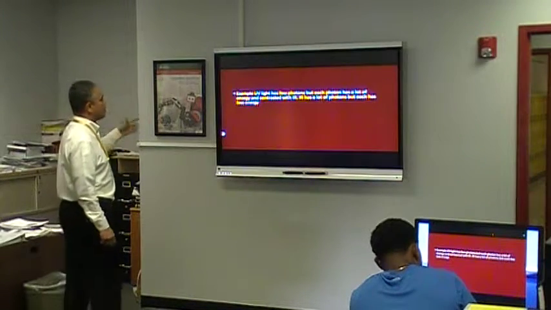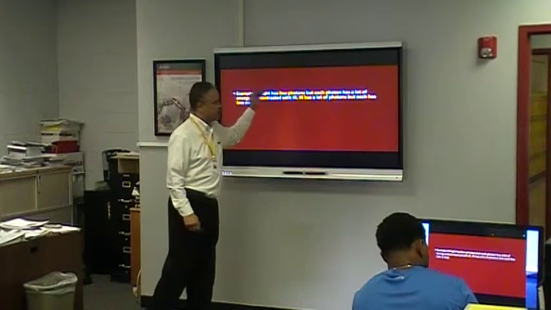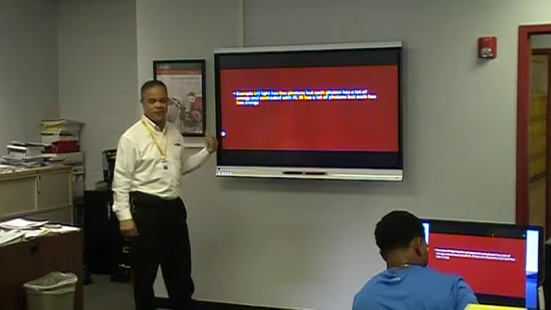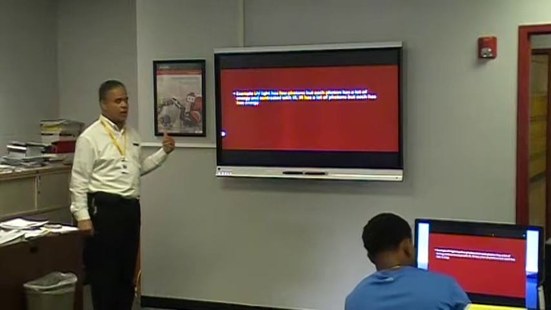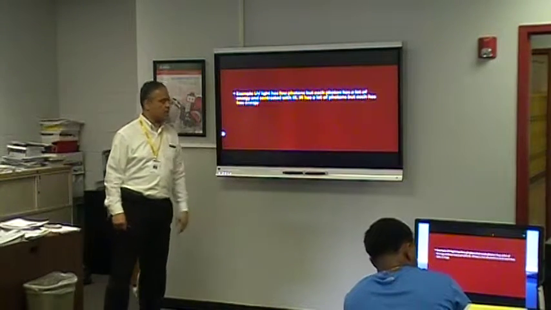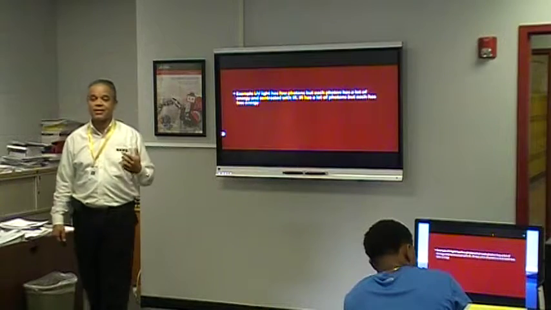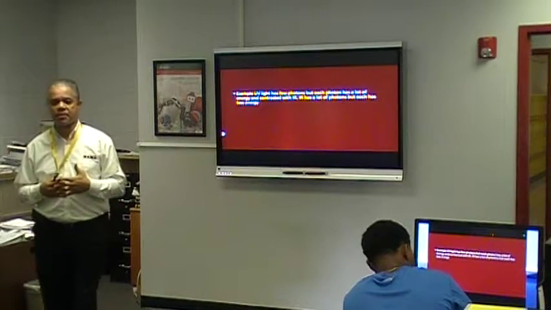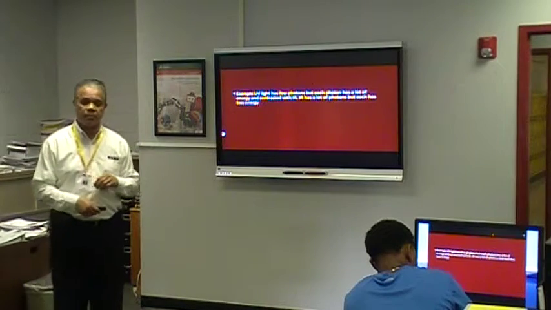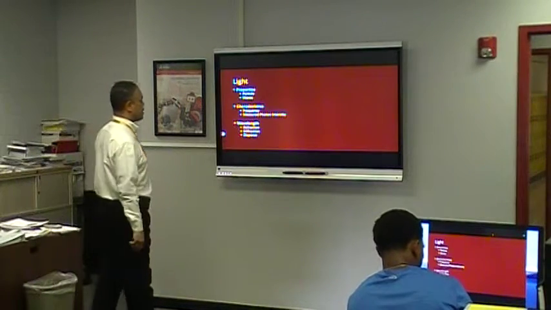As an example, UV light has fewer photons, but each photon has a lot of energy. As contrasted with IR light, which has a lot of photons, but each photon has less energy. That's why if you get exposed to UV light, it becomes damaging to your skin. Okay? Because those photons actually have a lot of energy.